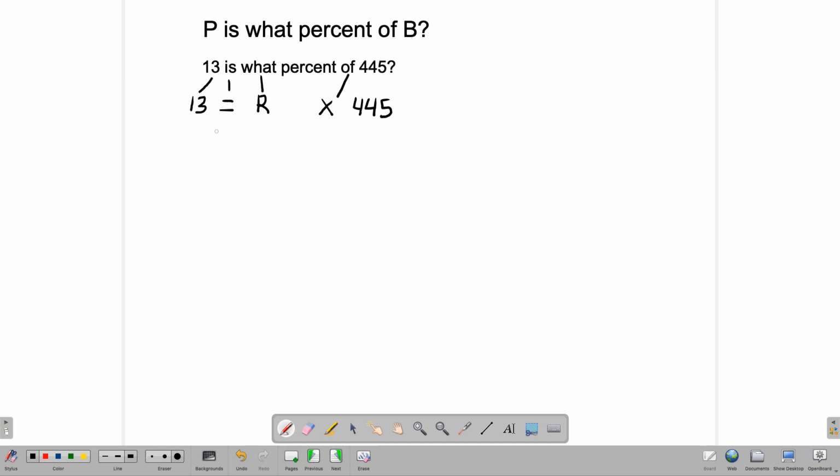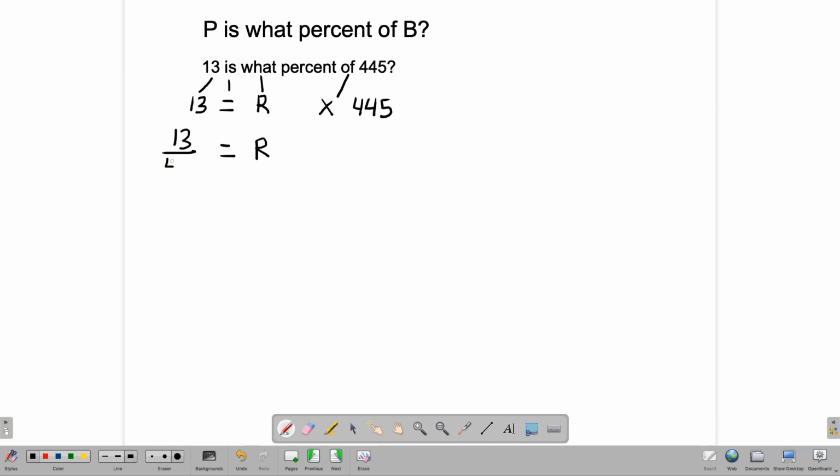And so we have an equation that looks like it's solvable. Once again, we have multiplication here. So what I'm going to do is we want to keep R on this side of the equation. We have 13 already here. And we have multiplication here. When I move 445 across the equal side, it's going to be division.